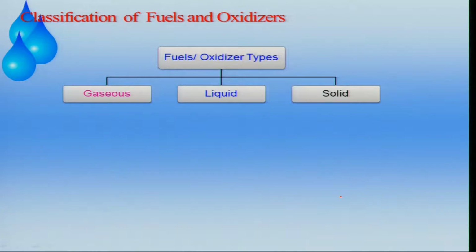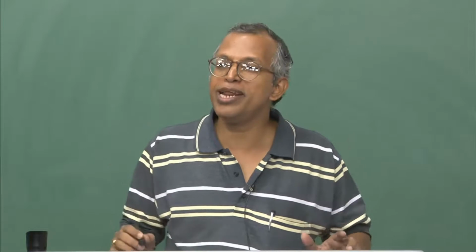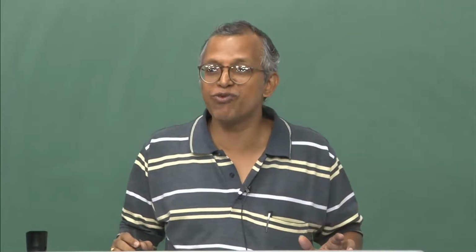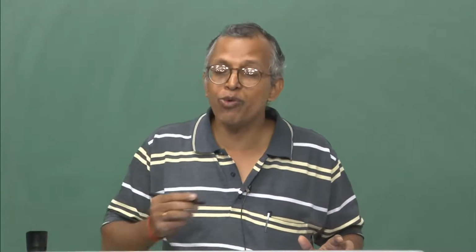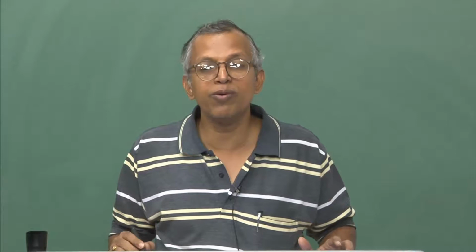Is it easy to handle? Certainly not, because there can be a lot of leakage, and to store a gaseous fuel is quite difficult, and to carry it from one place to another is quite difficult. But however, it is very easy to burn a gaseous fuel as compared to liquid and solid. Why is it so?